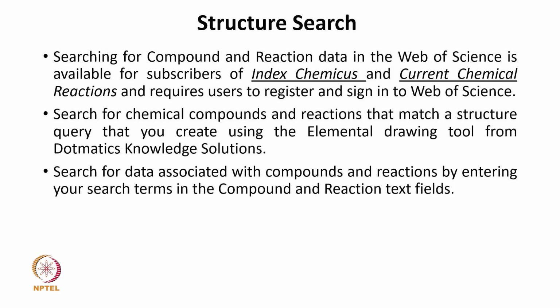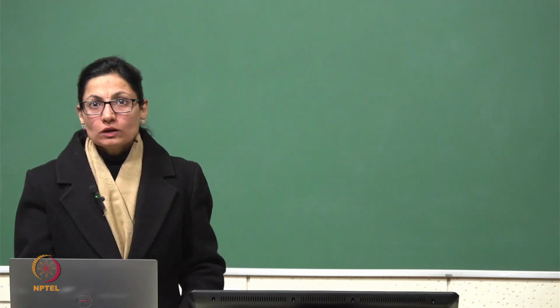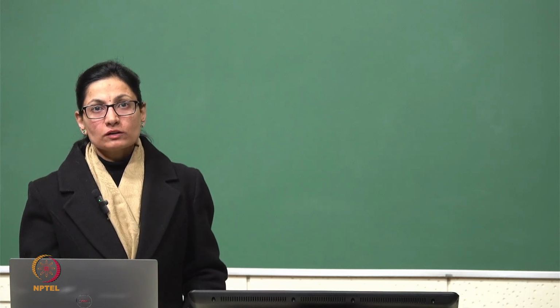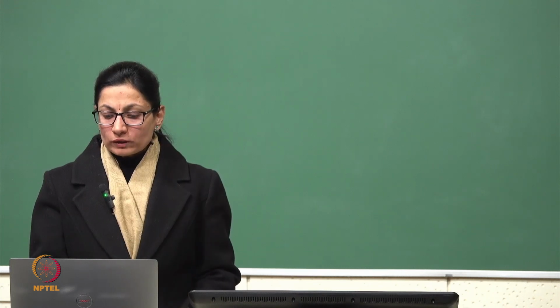You can also search for data associated with compounds and reactions by entering your search term in the compound and reaction text fields. So if you have a subscription for Index Chemicus, you can have structure search also.